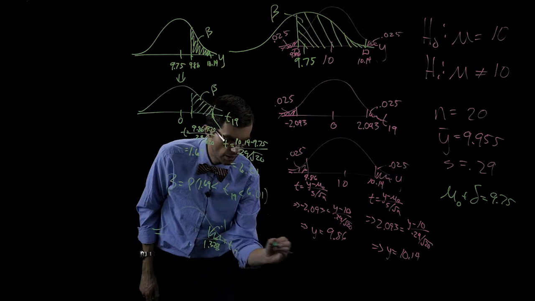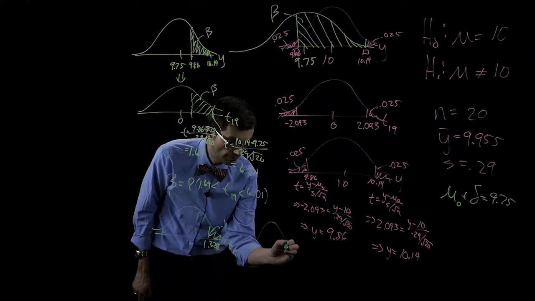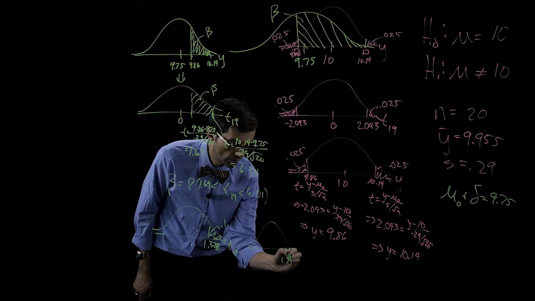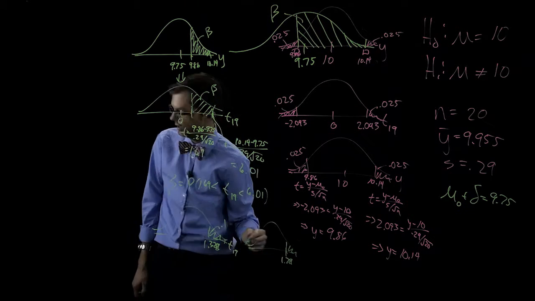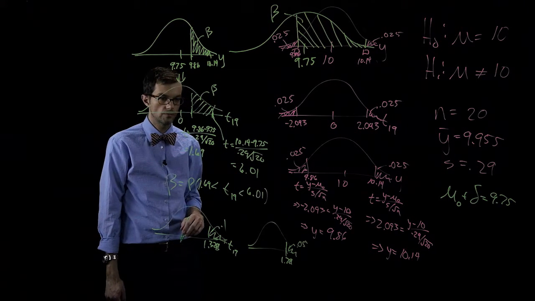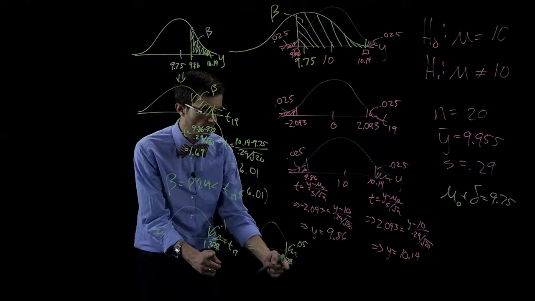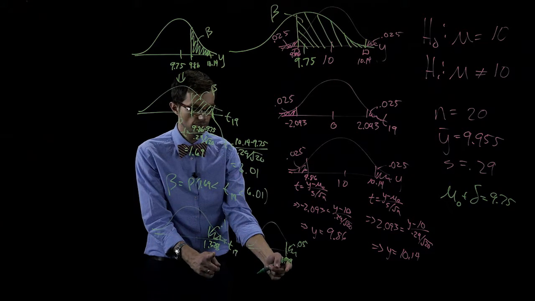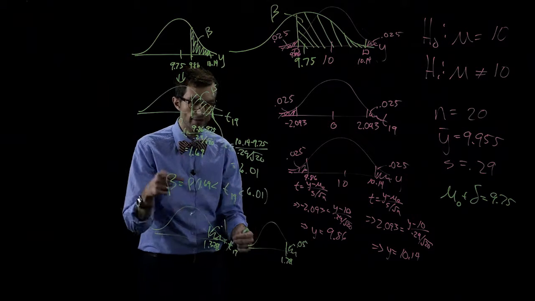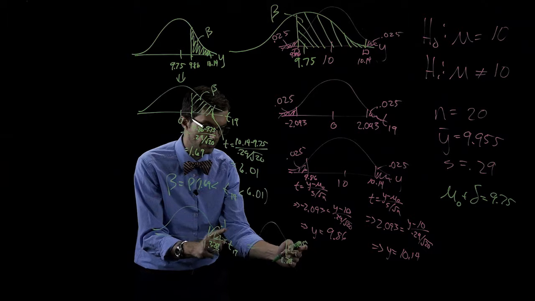And the area above 1.729 is 0.05. 1.69 lies between 1.328 and 1.729. So that must mean the area in the tail above 1.69 must be between these two areas.